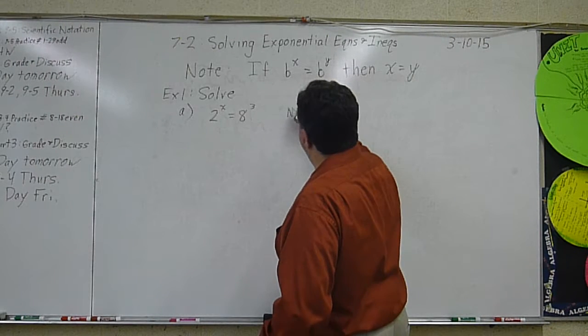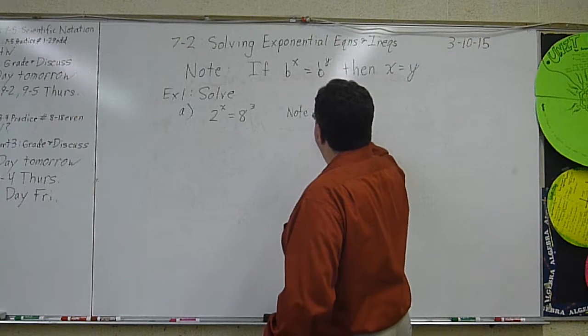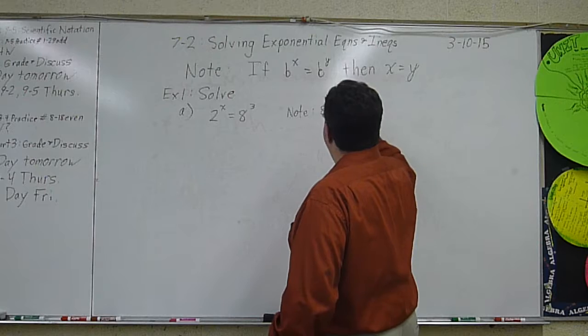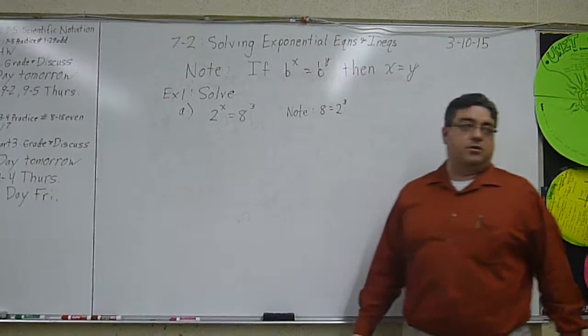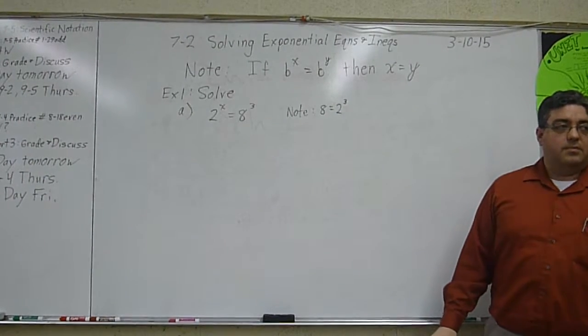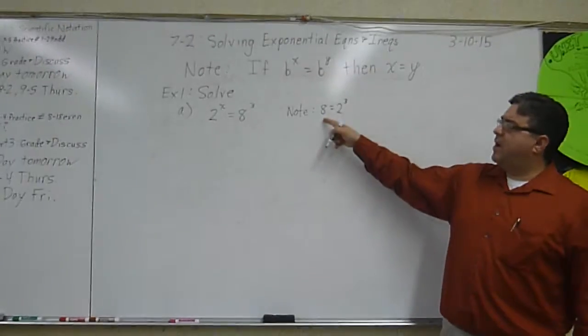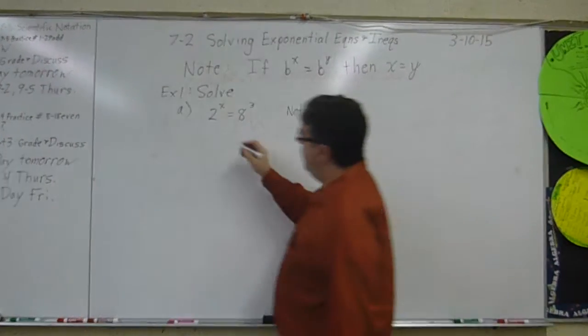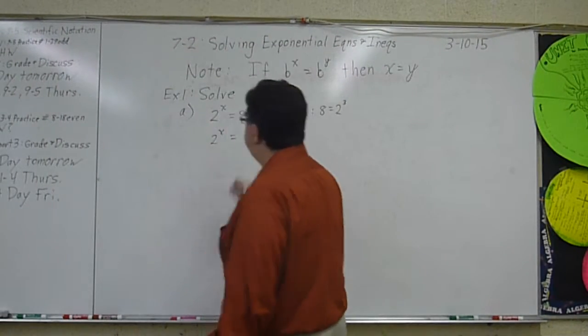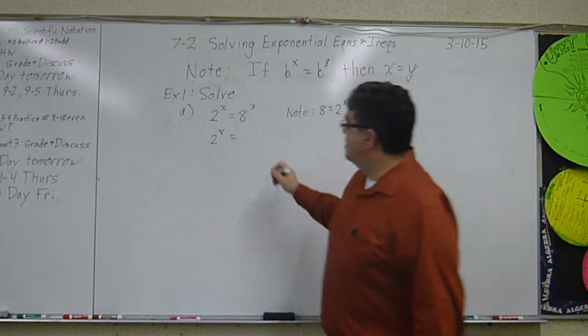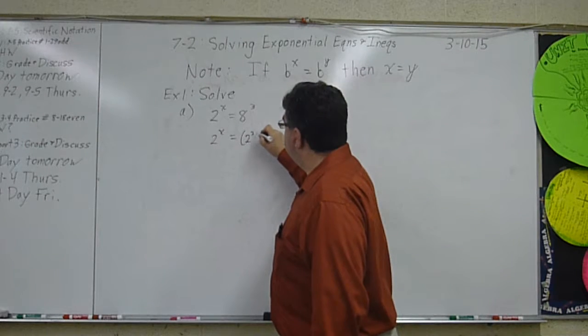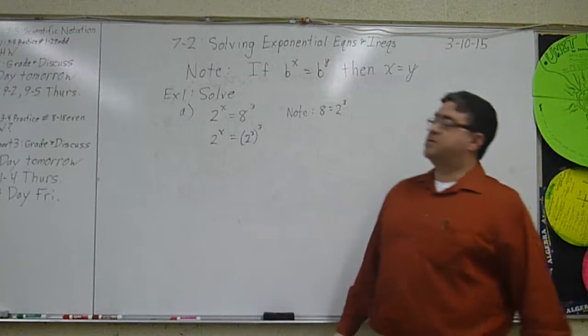So, maybe a little note here. 8 is equal to 2 to the third. So if I can write 8 as 2 to the third, I can rewrite this as 2 raised to the x power equals, and instead of 8, I'm going to write 2 to the third and raise that to the third power.